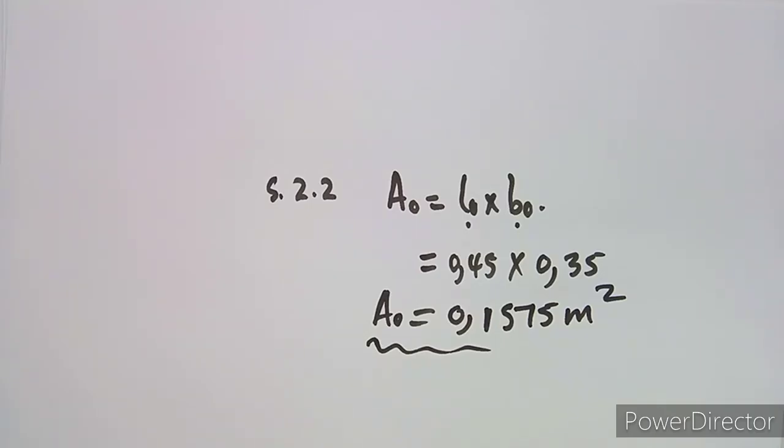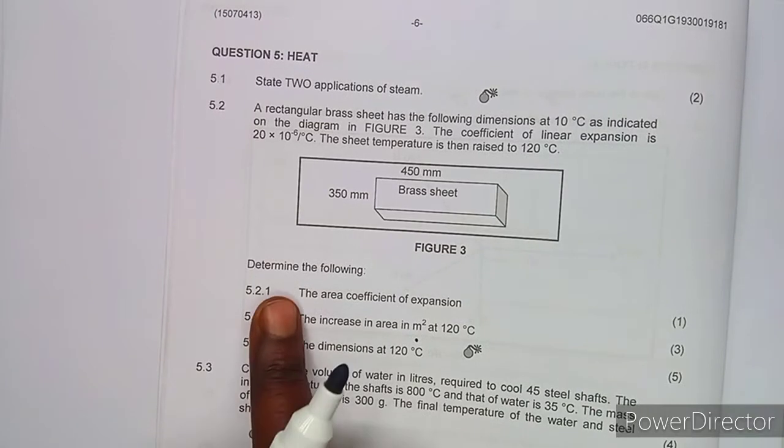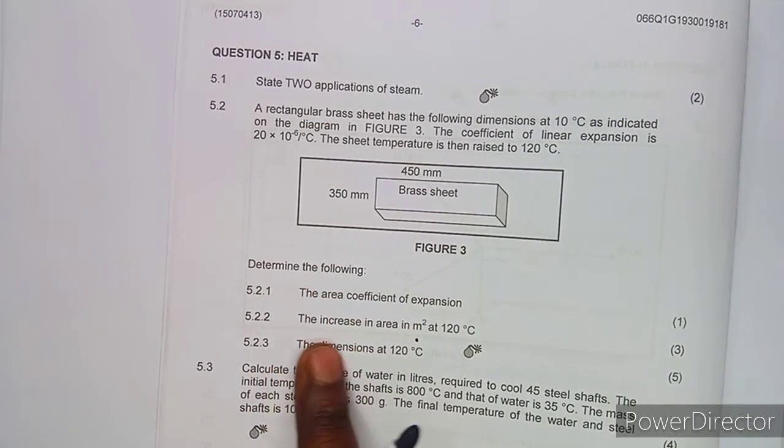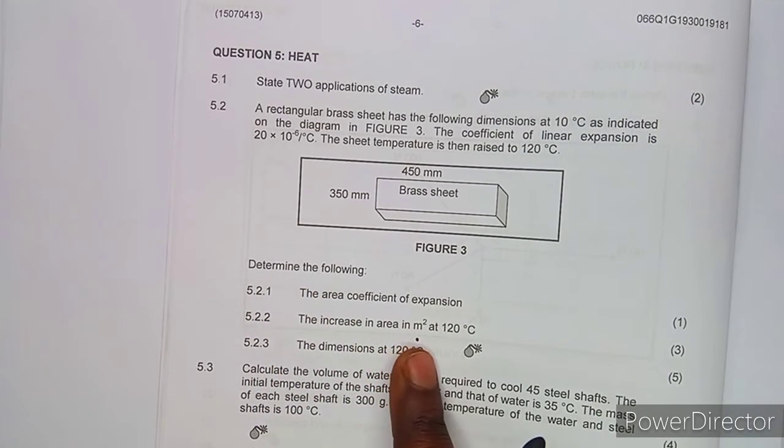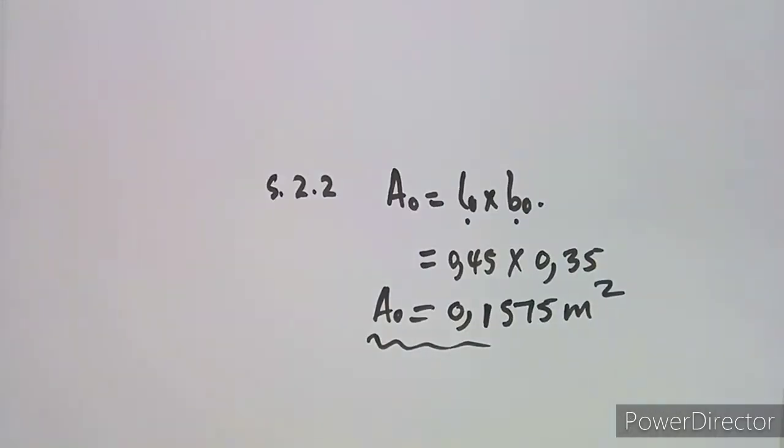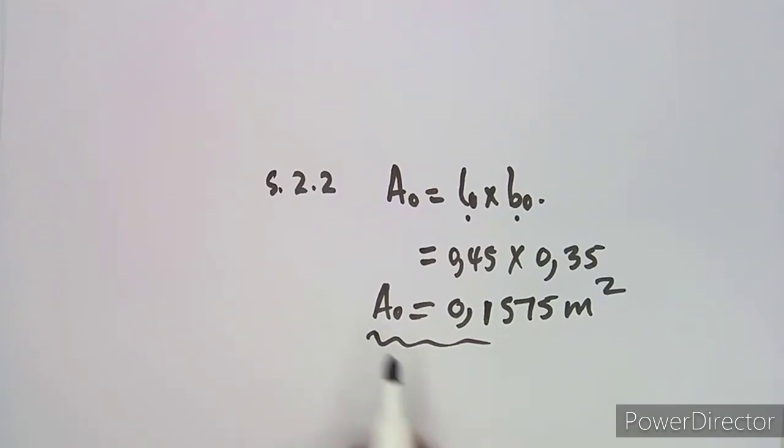The question, guys, we must answer the question. The question is: determine the following: the increase in area after 120. So how are we going to get the increase in area? We can use the formula for the increase in area in this case. We talked about this, but I wanted you to see it also from the formula sheet.